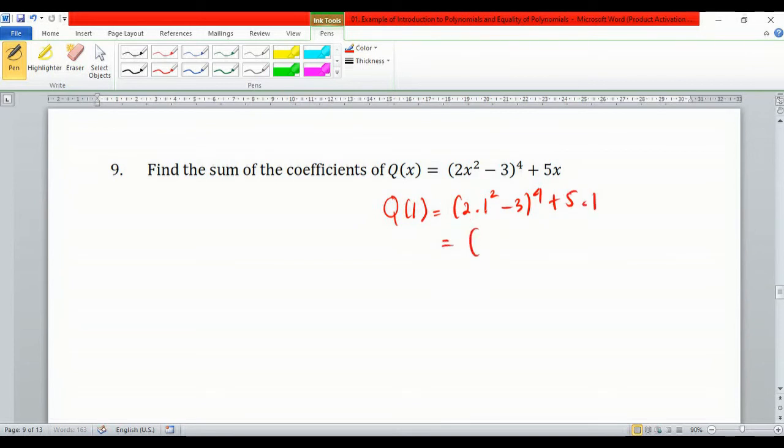So this one will be 2 minus (3 minus 1) power 4 plus 5. So this one is 1 plus 5. So this result should be equal to 6. Easy, right? Yes.